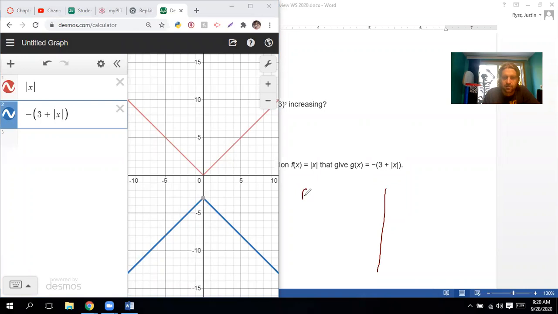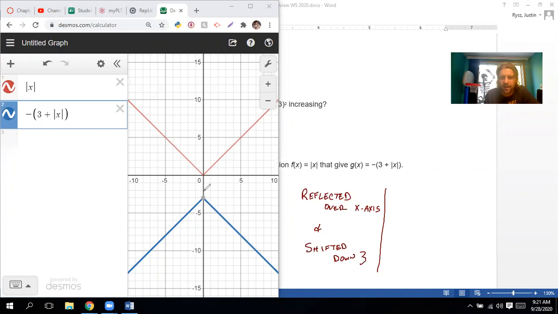We could say it's reflected over the x-axis and then shifted down, or no, not down to, down 3. So it goes down 3.